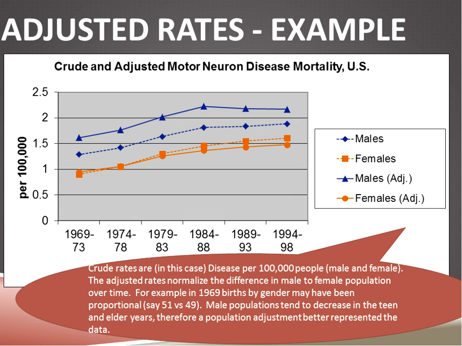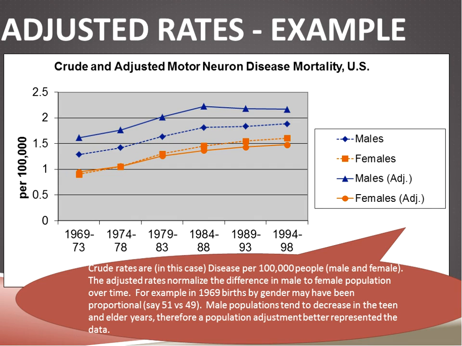So for example, did we have a higher percentage of males that were born in 1969 than we do in 1979? So we tried to adjust this to make up for the difference in your male versus females.